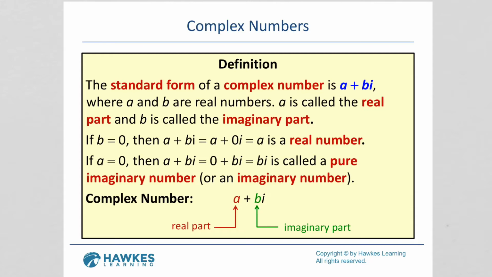If a is equal to 0, then a plus bi is equal to 0 plus bi, which is bi, and this is called a pure imaginary number, or an imaginary number. So here's an illustration of complex numbers, where a is the real part, plus bi, where b is the imaginary part.